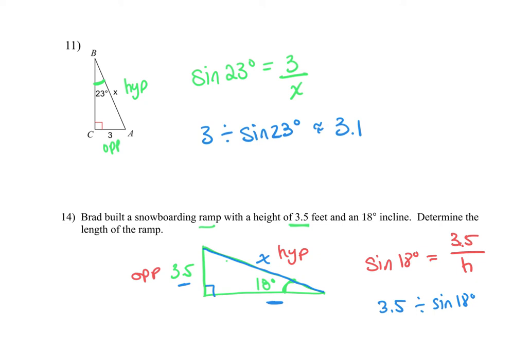And I get approximately 11.3 feet for my ramp. So do you see how those are the exact same problem? It just gave me words. Height, that's usually the vertical distance, right? Incline, that's your angle of elevation from the bottom up, right? Elevation just means if you were to look up, depression if you were to look down, same as what depression and elevation mean in English.